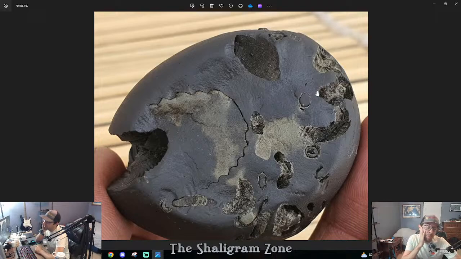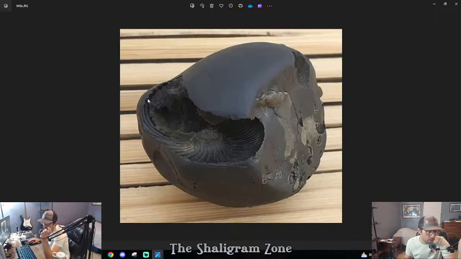Trying to decide what sequence all of this happened in. Because essentially I interpret this whole shaligram was part of a larger shaligram and came out of it. Like a portion over here where it's flatter.